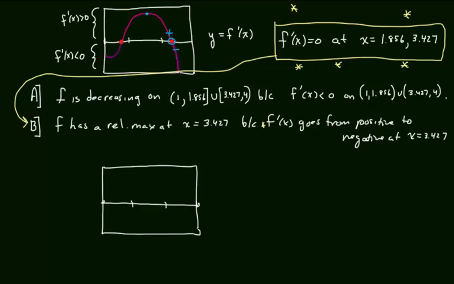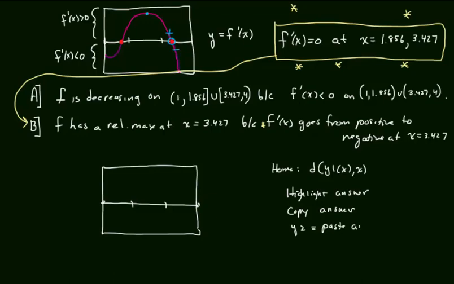To review that, from our home screen, we're going to take the derivative of y1 of x with respect to x. We're going to highlight the answer, and then copy the answer. We'll go to y2, and we will paste the answer. And then we're going to graph y2, which will represent the second derivative function, f double prime of x.